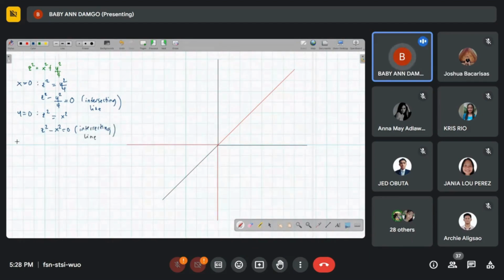And then for z equals 0, so we have x squared plus y squared over 4 equals 0. Okay, so from here, mangita tag value sa x o sa y. Dapat ang result sa 0. So, ang choices ra nato is the point 0, 0. Okay, 0 squared plus 0 squared over 4, it's still equal to 0.